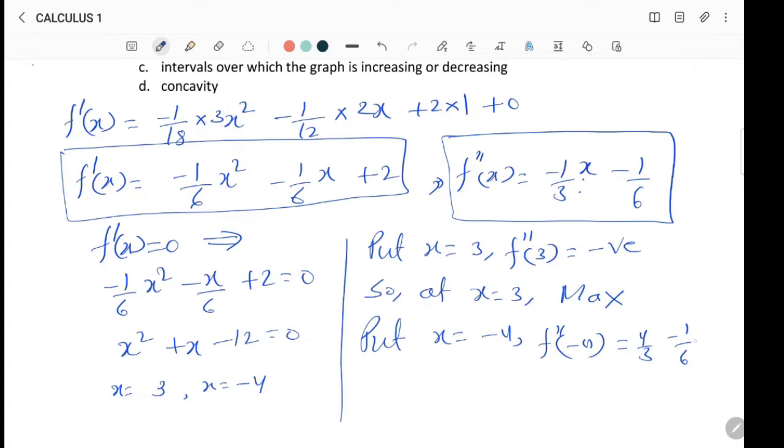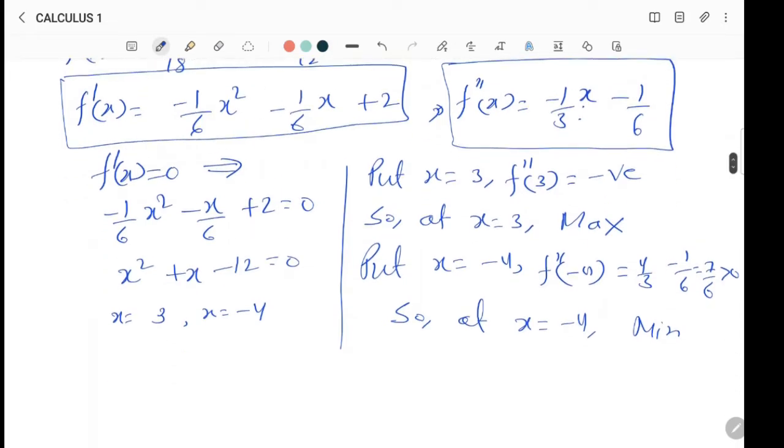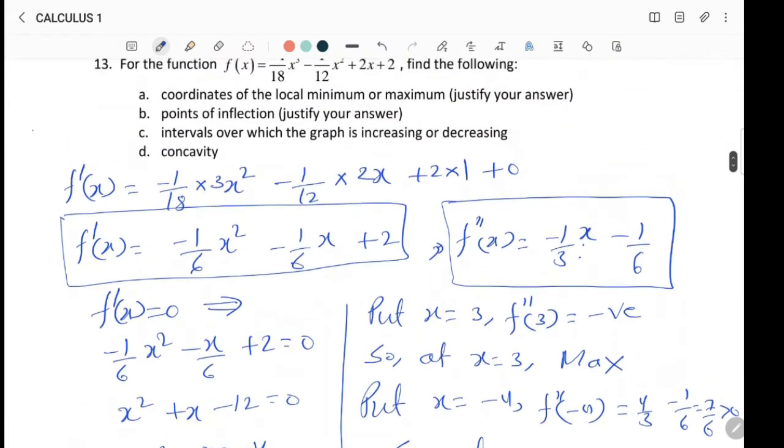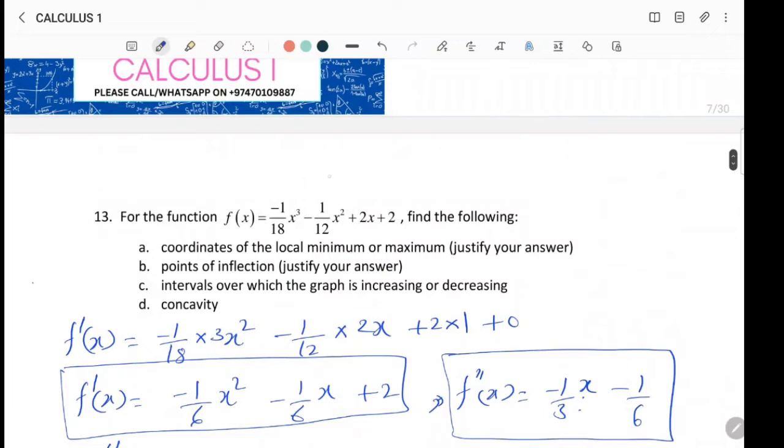Yeah, I got 7 over 6. It means positive. So at x equals minus 4 we will get minimum, right? But we have to find coordinates also. So guys, when x is 3, what is f of 3? What is f of 3? F of 3, put 3 in this. Oh, it's a big calculation.